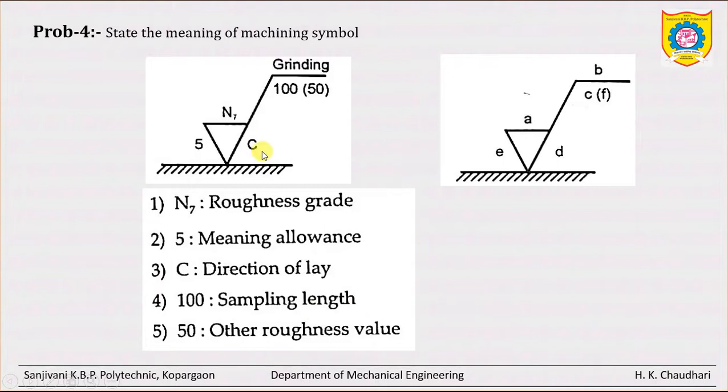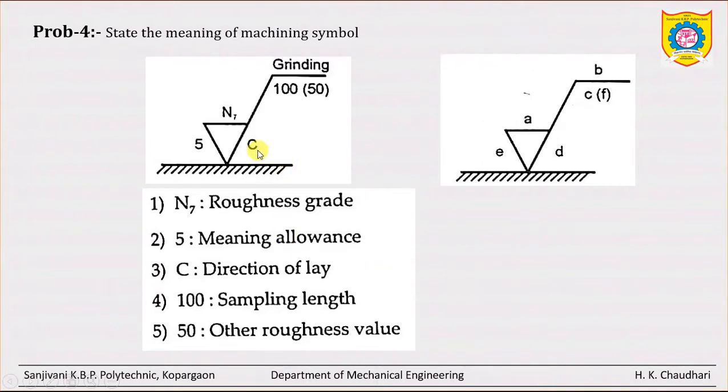Okay, then here again C. Now this C is the symbol, it is not such a C. So what is C? C is circularity. Again the scratches, because the grinding wheel, we know, is a circular disc, so the marks obtained are in a circular direction.